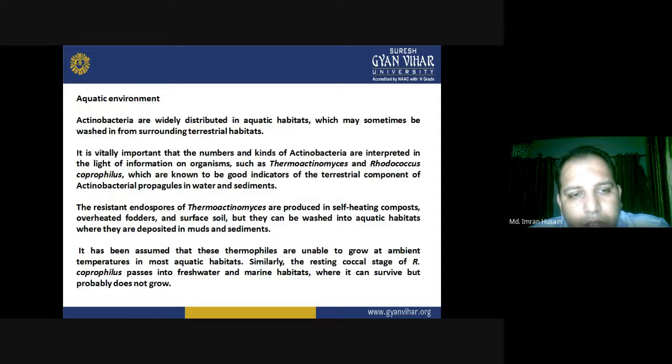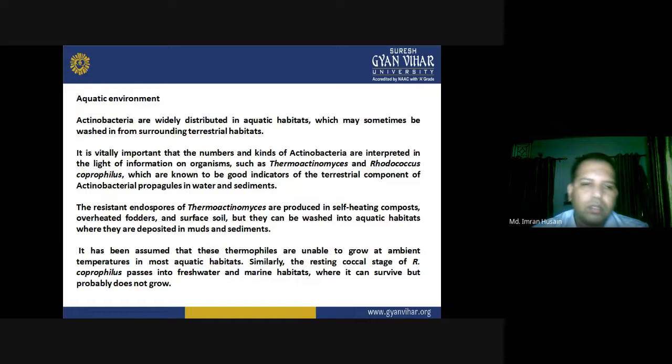It is vitally important that the number and kinds of actinobacteria are interpreted in light of information on organisms such as Thermoactinomyces and Rhodococcus coprophilus, which are known to be good indicators of the terrestrial components of actinobacterial propagules in water and sediments. So these two varieties are known to be indicators.